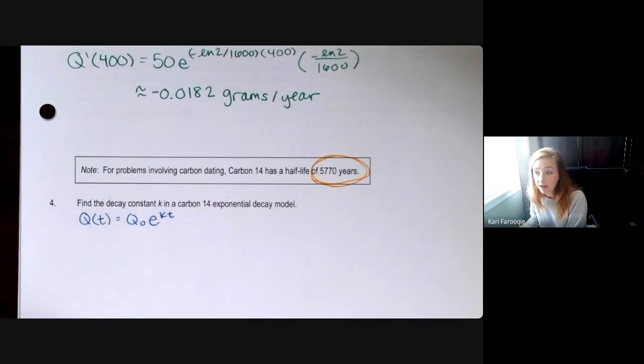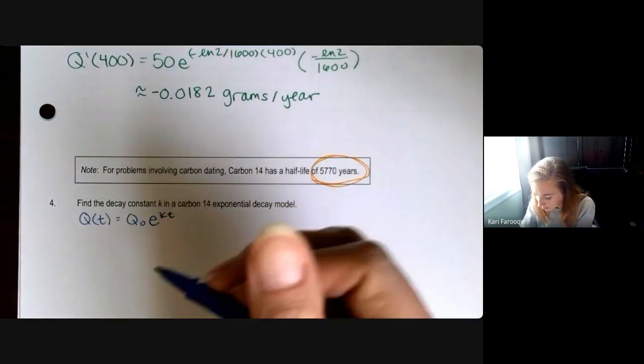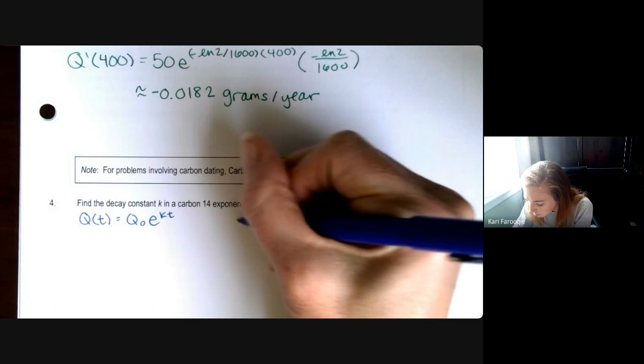I know that T in this case is going to be 5770. I don't know the final and the initial amounts, but it doesn't matter because I know that the final amount is going to be 1/2 of the initial amount. So if I wanted to write this, I could say that, let's see, I'm going to write this in words.